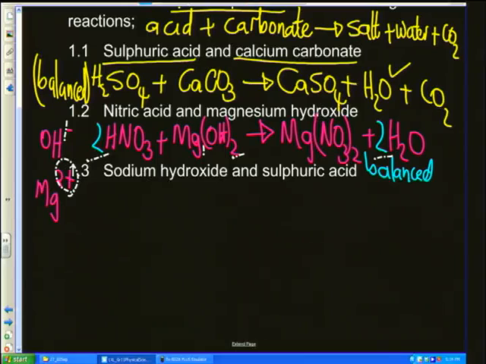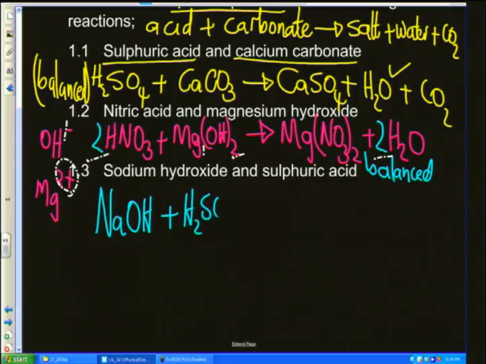Let's have a look at the next one. Sodium hydroxide and sulfuric acid. Okay, again, an acid and a base. So what do I have here? I've got NaOH, sodium hydroxide, reacting with sulfuric acid, H2SO4.